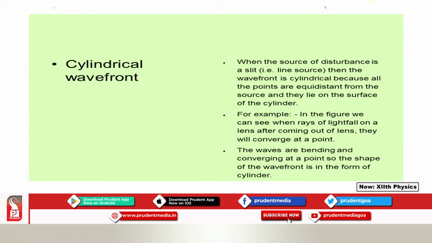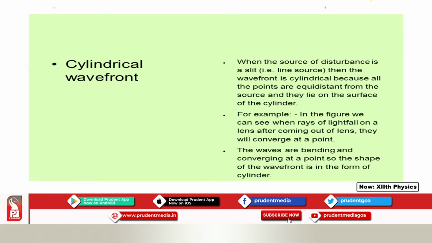He took 3 holes in the cardboard and placed it before the bulb. Then he observed the light from the 3 holes emerging in a straight line. Then he said, okay, light travels in a straight line. That is what Newton discovered first. Then he spoke about particles, and the corpuscular theory came.